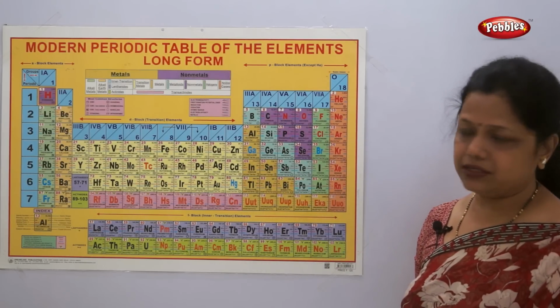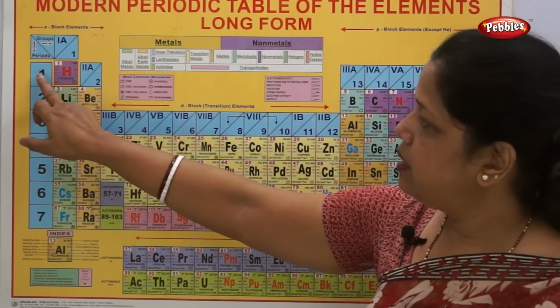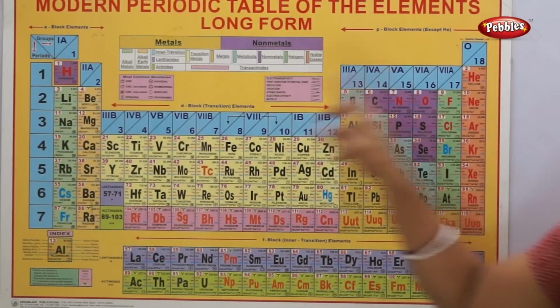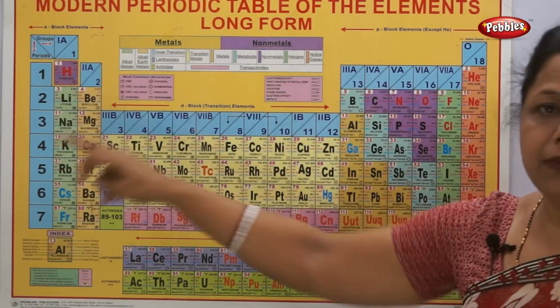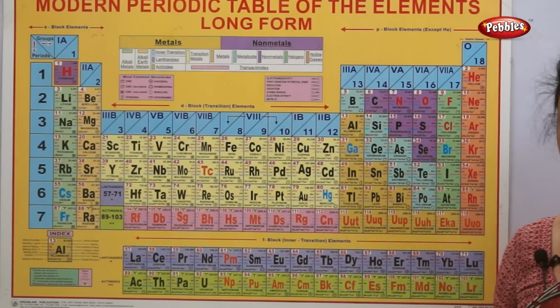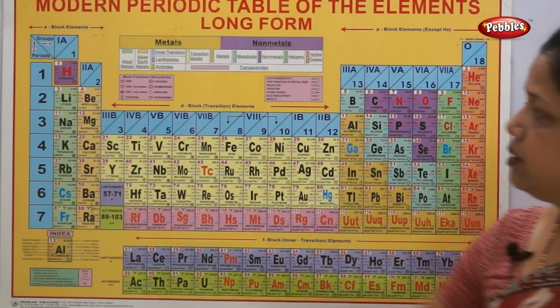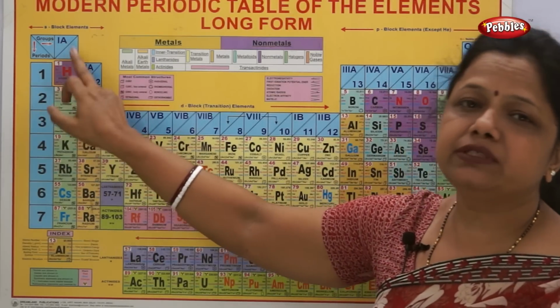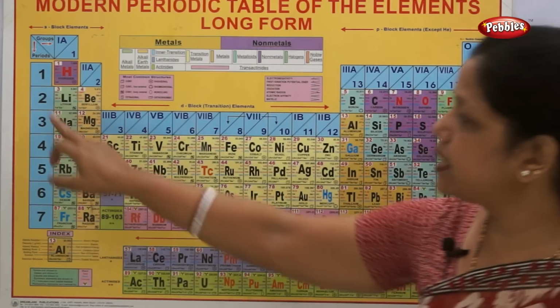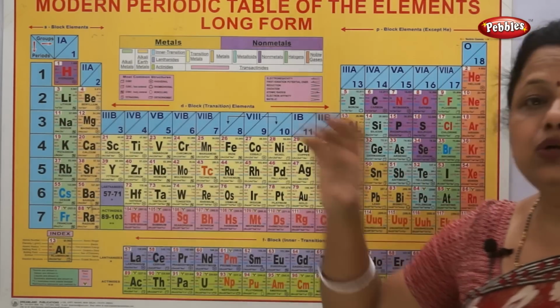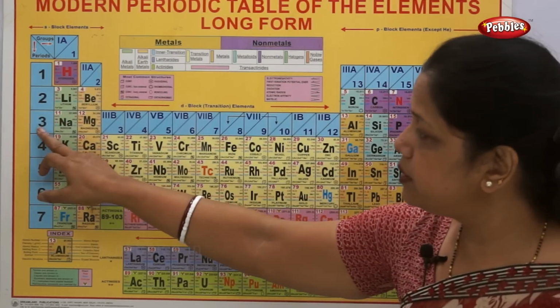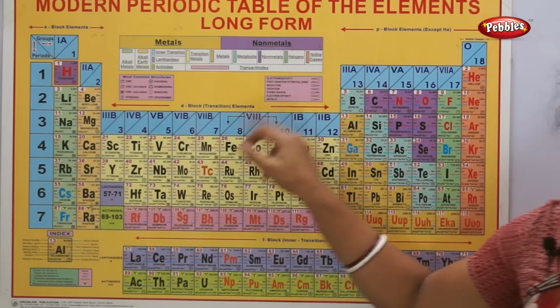Another interesting fact: if I say period number 1, period number 2, period number 3, what does it denote? It also denotes one more thing. First period means it has only one shell. Second period means it has only 2 shells. Third period, it has only 3 shells.